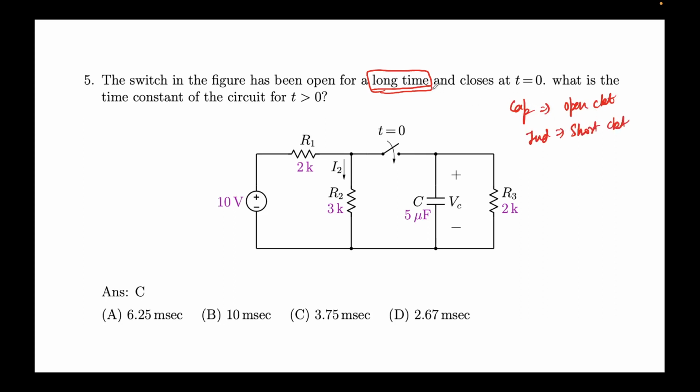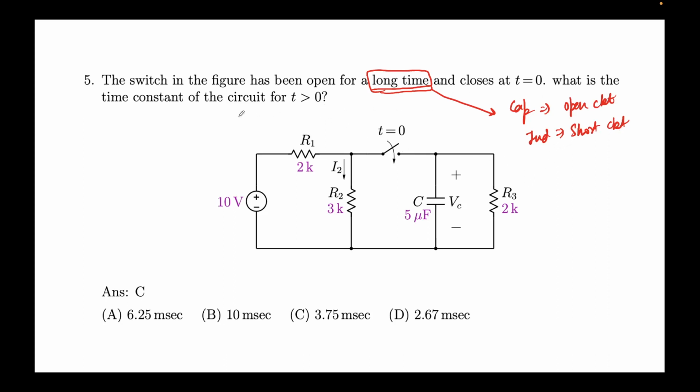Electrically, this phrase from English means that a capacitor can be assumed to be an open circuit and an inductor can be assumed to be a short circuit. Okay, so now we'll try to use the same approach over here.